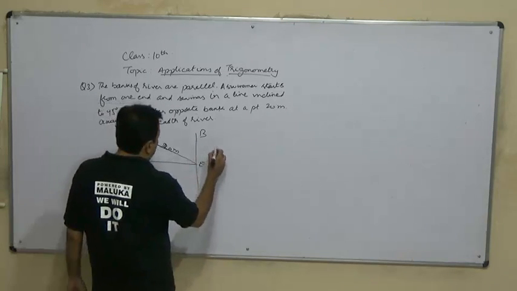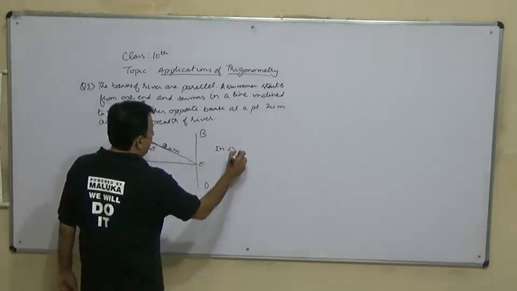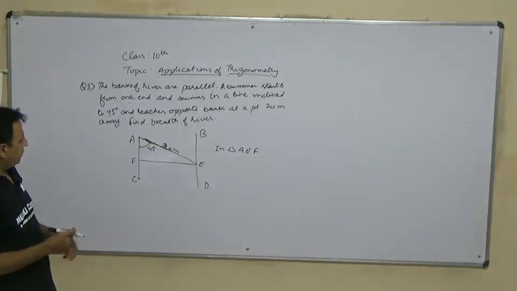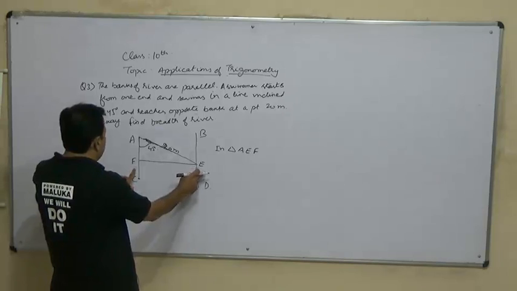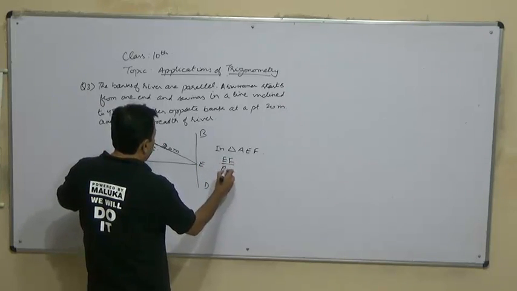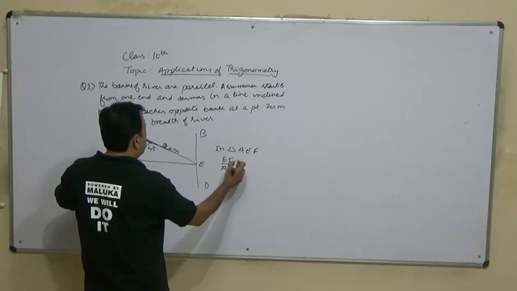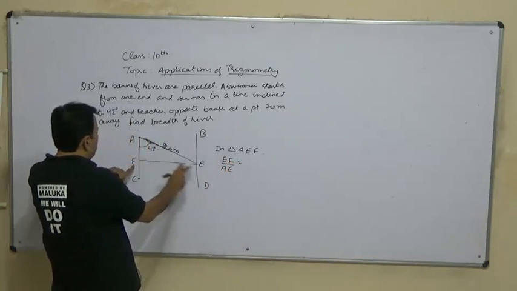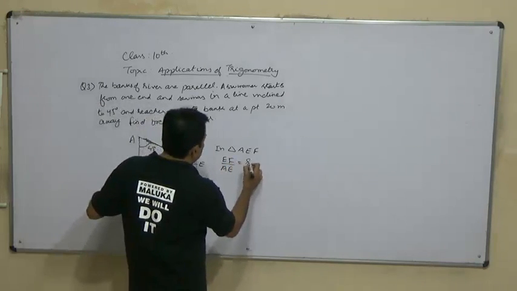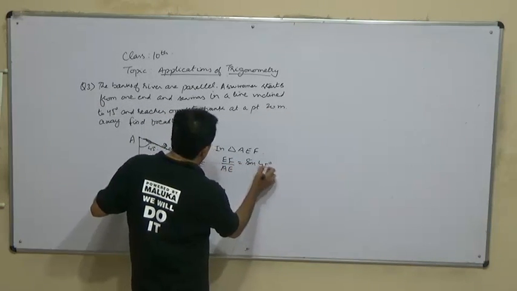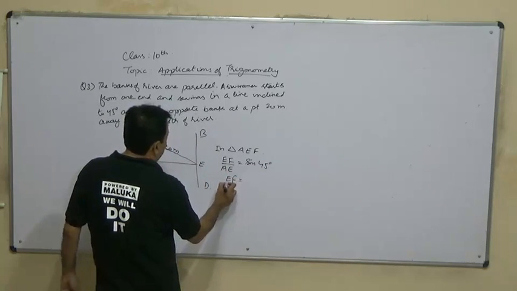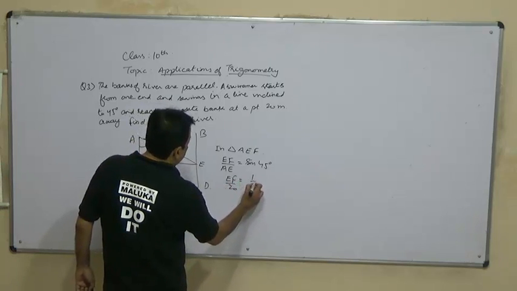So in triangle AEF, we want to find EF upon AE, which is sine of 45 degree, since EF is perpendicular upon the hypotenuse. EF, the width, upon 20 is equal to 1 by under root 2.